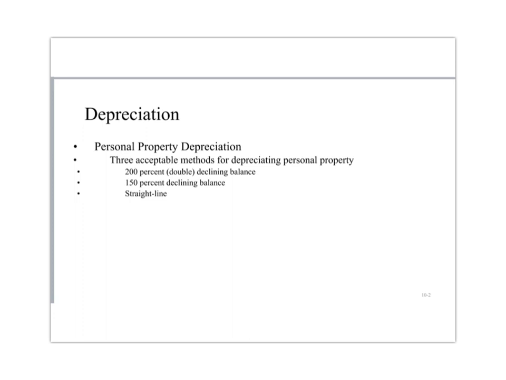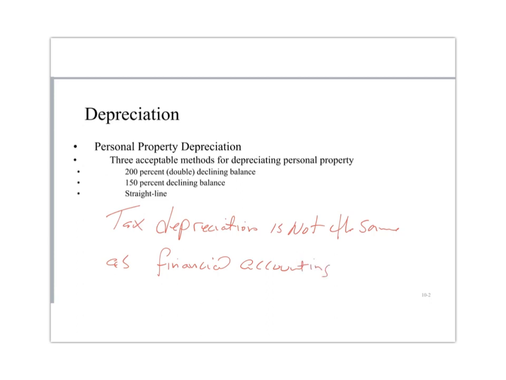And remember, when we're talking about depreciation in this class, we are talking about tax depreciation, and this is not necessarily the same as financial accounting depreciation. All right, in financial accounting, you can use whatever system of depreciation you want as long as it's systematic and rational. The tax code does not allow for those types of options.